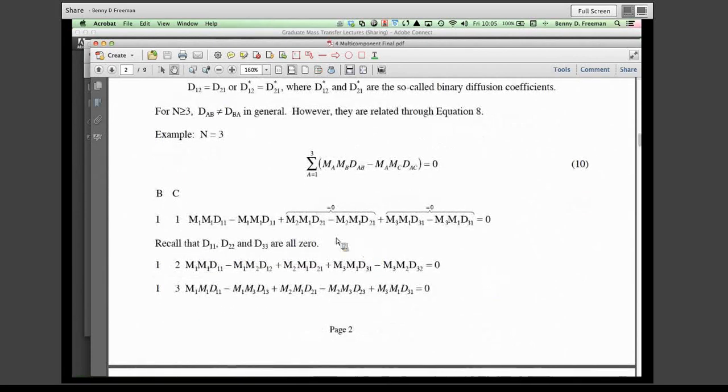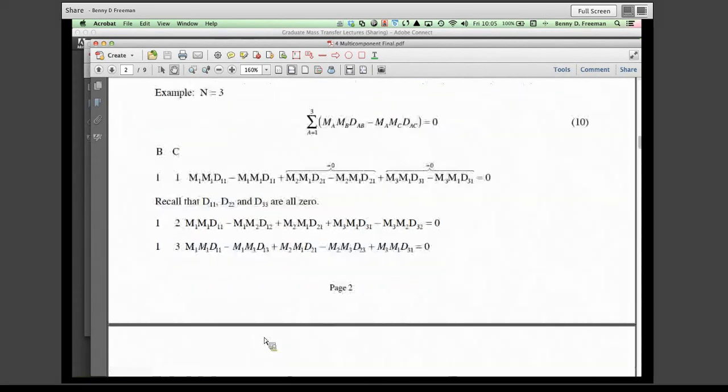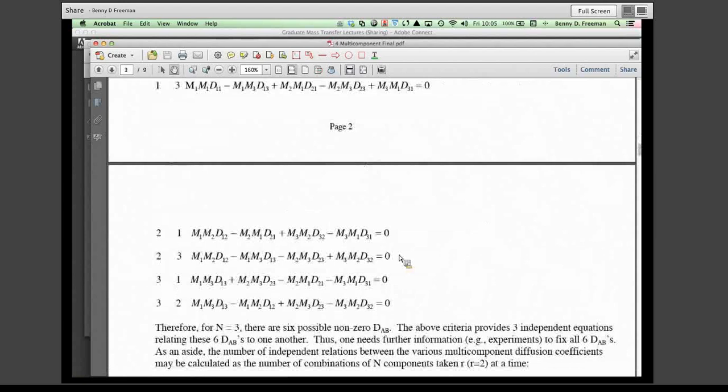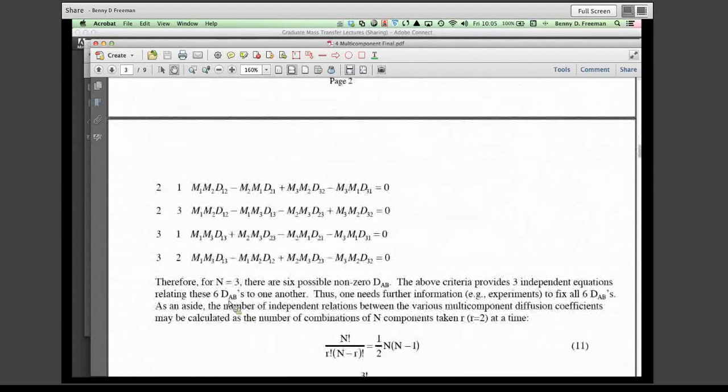There are a number of these terms that are equal to 0, and I can write each of these relationships for various combinations of B and C being 1, 2, 3, etc. And if you do that, you'll find that for a ternary system, there are 6 possible non-zero multi-component diffusion coefficients.